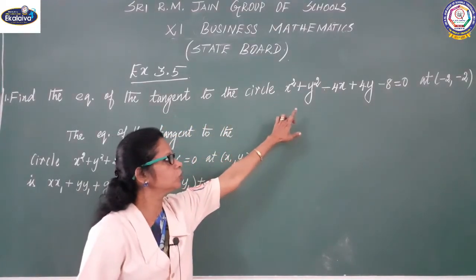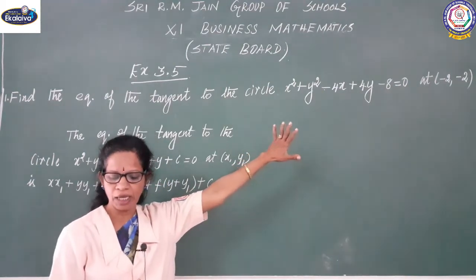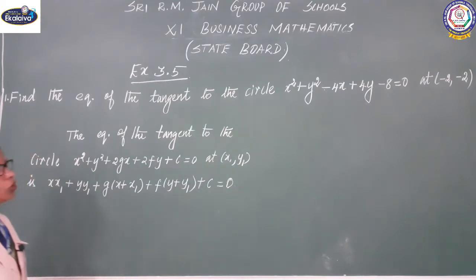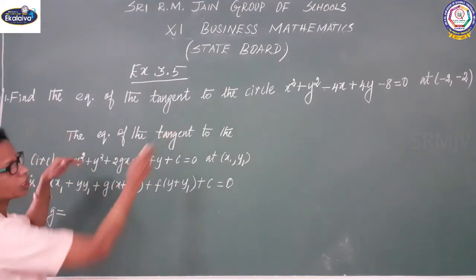x square plus y square minus 4x plus 4y minus 8 equal to 0. Right. Now what is your g? You want to find what is your g. 2g equal to, you have to relate the general to the given equation.